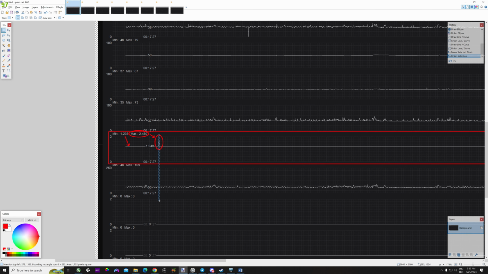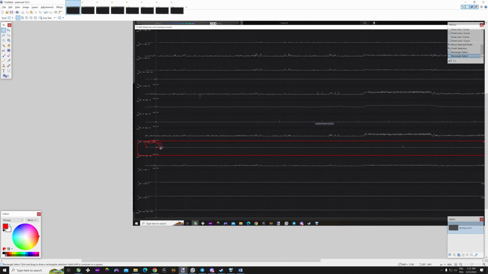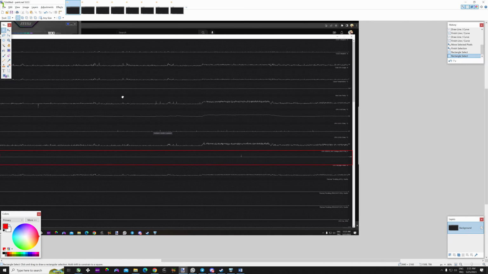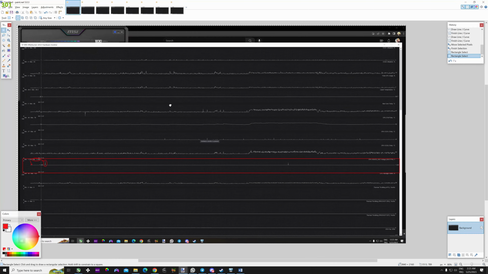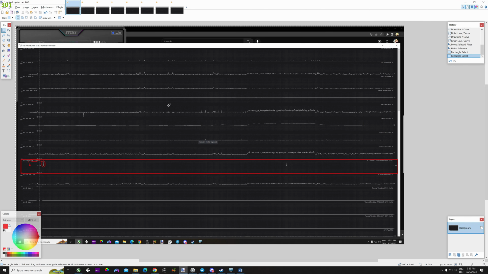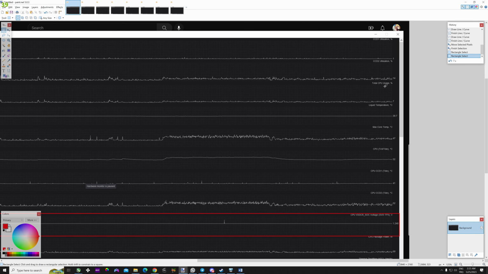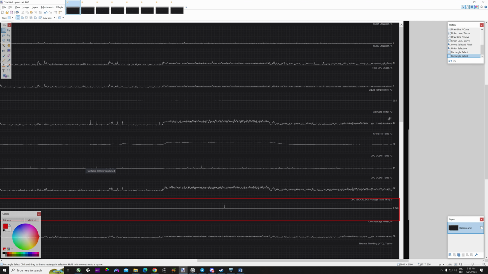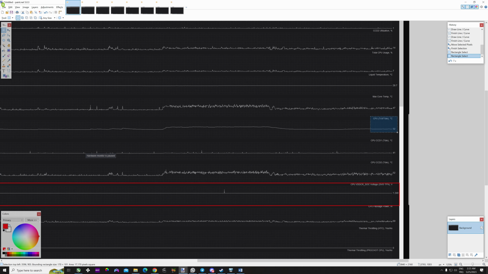Also, about this line, this moment in time that the SOC voltage spike happened, I checked pretty much every graph I have on here. I have temperatures, GPU load. GPU load would tell me exactly when I quit the game or started it up, whatnot. CPU, as you can see, I have CCD utilization, CPU usage, the total one, max core temp, and this is package temp, I suppose.